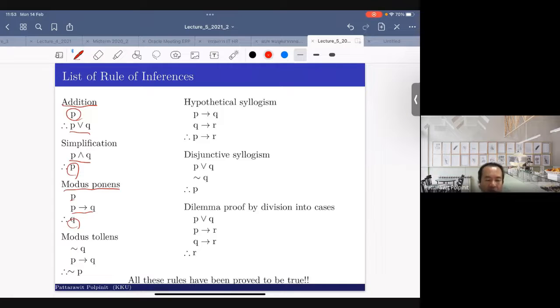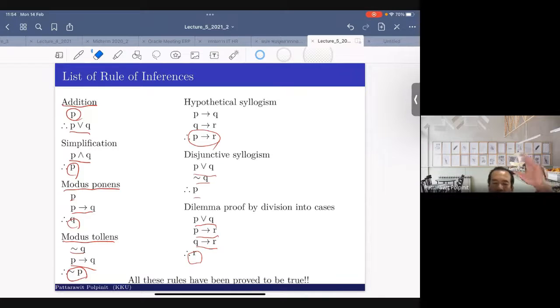Modus tollens says that the negation of Q is true, P implies Q is true, then the negation of P is true. Hypothetical syllogism: if P implies Q is true and Q implies R is true, then P implies R must be true. Disjunctive syllogism is P or Q, negation of Q, then you get P. And the last one is dilemma, proof by division into cases: P or Q, P implies R, Q implies R, then you get R.